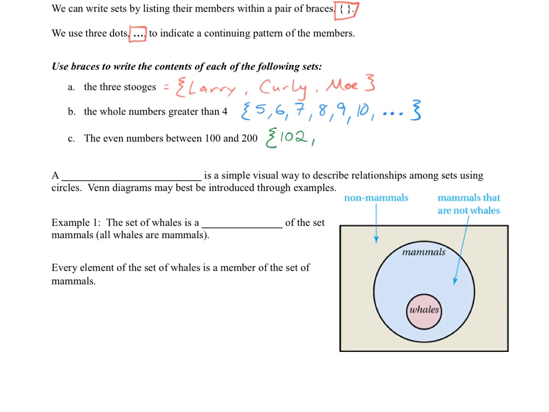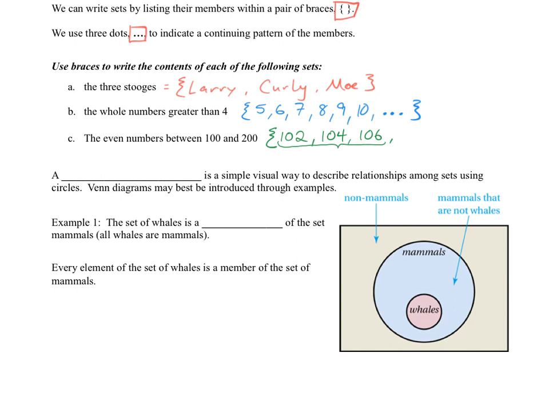Even numbers between 100 and 200: we have 102, we need the next even number, 104, the next even number, 106, and really, we only need a 3-number lead-in. We only need 3 numbers to start our pattern. So 102, 104, 106.